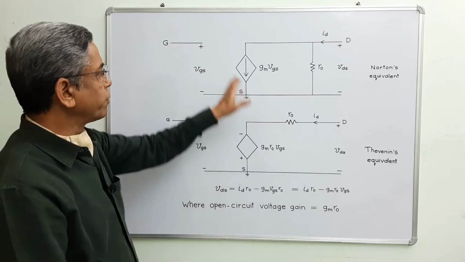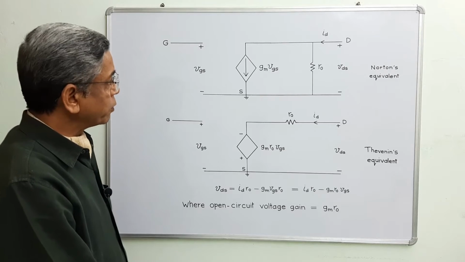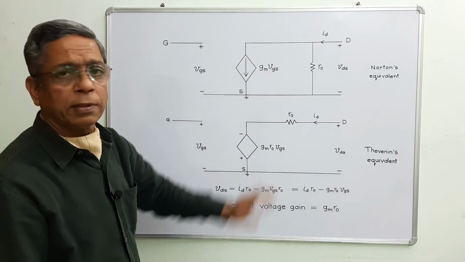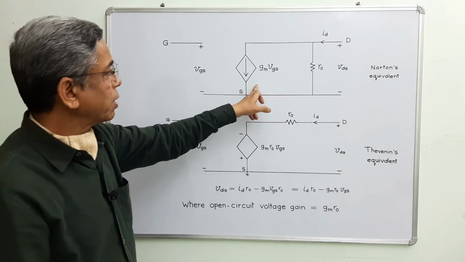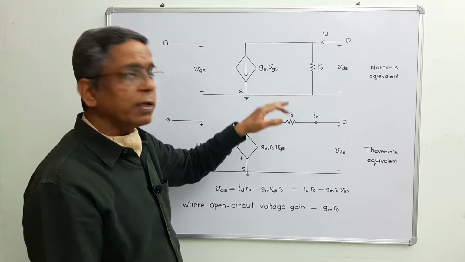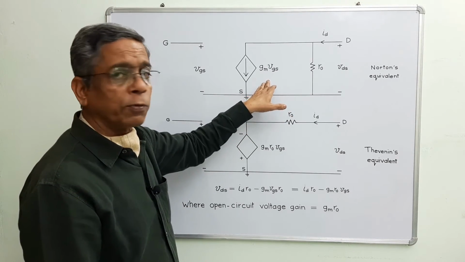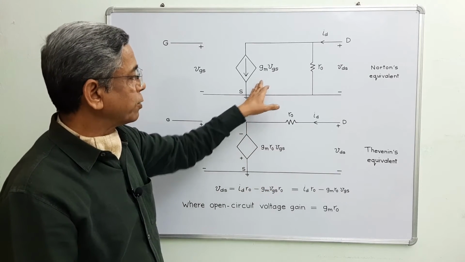Let us look at two different variations of the small signal equivalent circuit for the MOSFET. In this equivalent circuit, this is a current source and this is the output resistance of the device connected in parallel. We can convert this current source into a voltage source, and this is the voltage source equivalent of this current source.